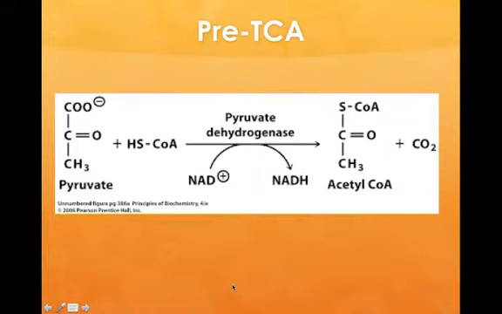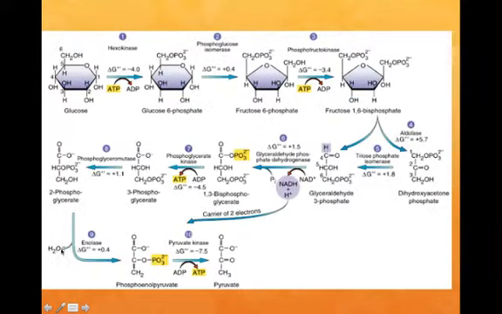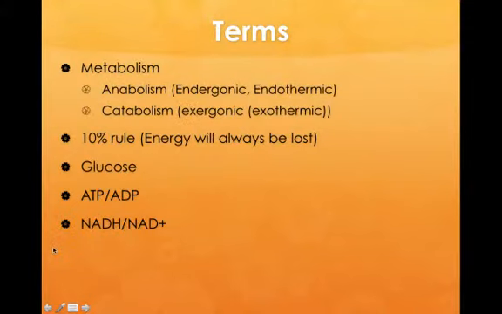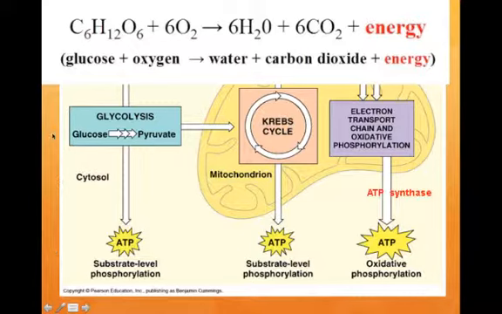We produce an electron carrier, and we release carbon dioxide, which is one of our first waste products. The other waste product is water. Remember, if we go back, we produce energy, releasing carbon dioxide and water, and I just showed you where these two products are.